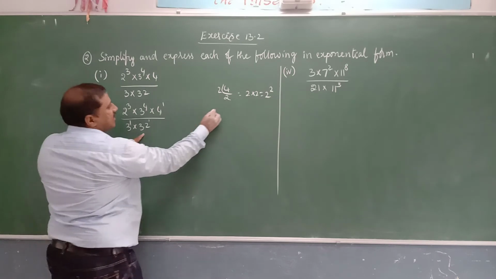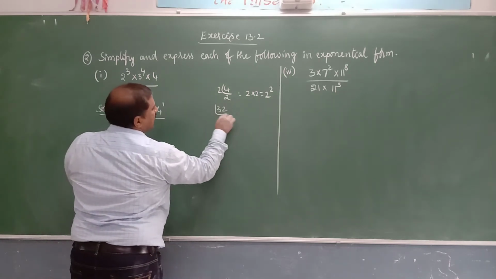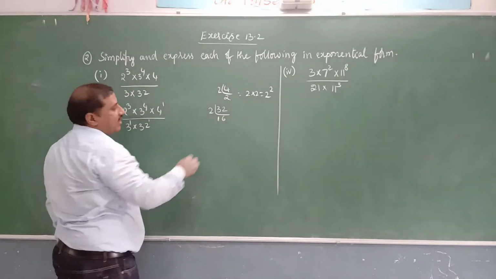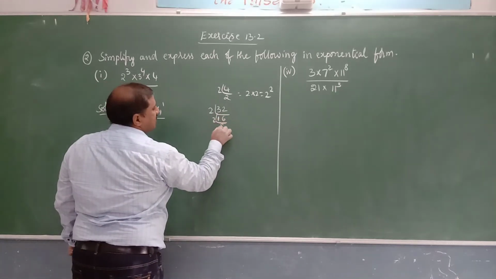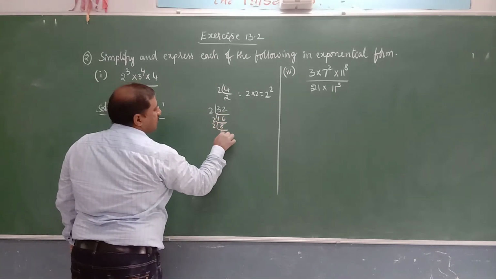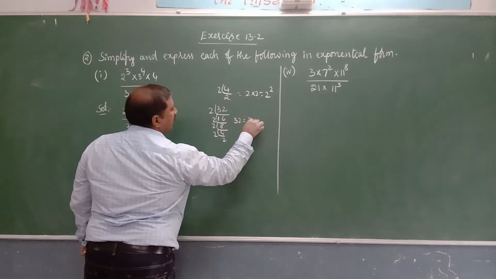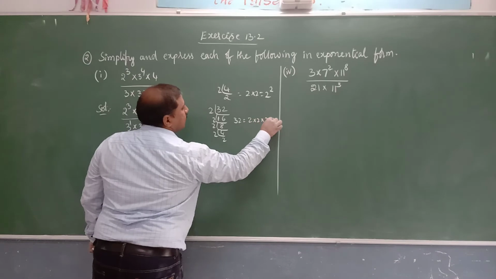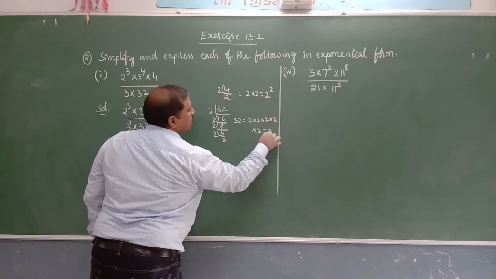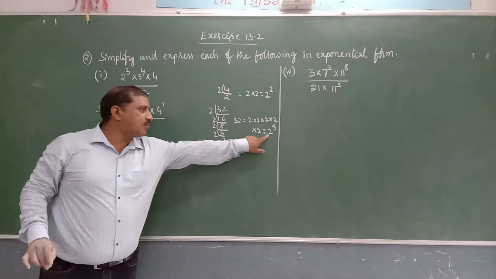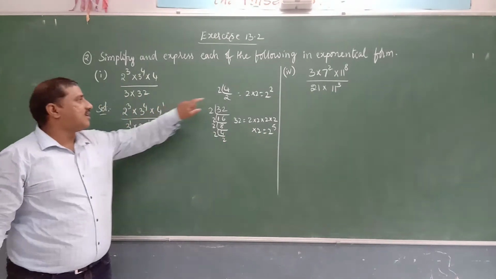Similarly 32: 2 ones are 2, 2 sixes are 12, 2 eights are 16, 2 fours are 8 and 2 twos are 4. So 32 can be written as what? 2 into 2 into 2 into 2 into 2, that is 2 to the power of 5. Now replace 32 as 2 to the power of 5 and 4 as 2 square.